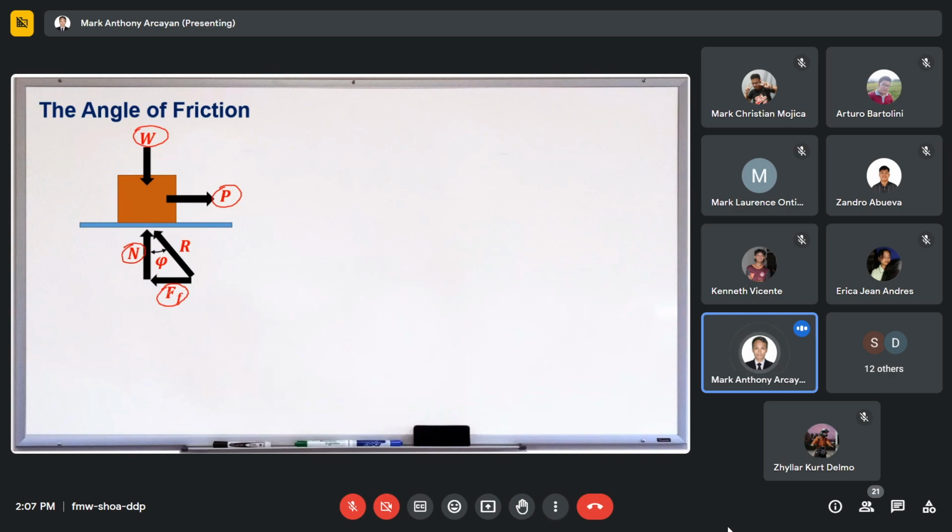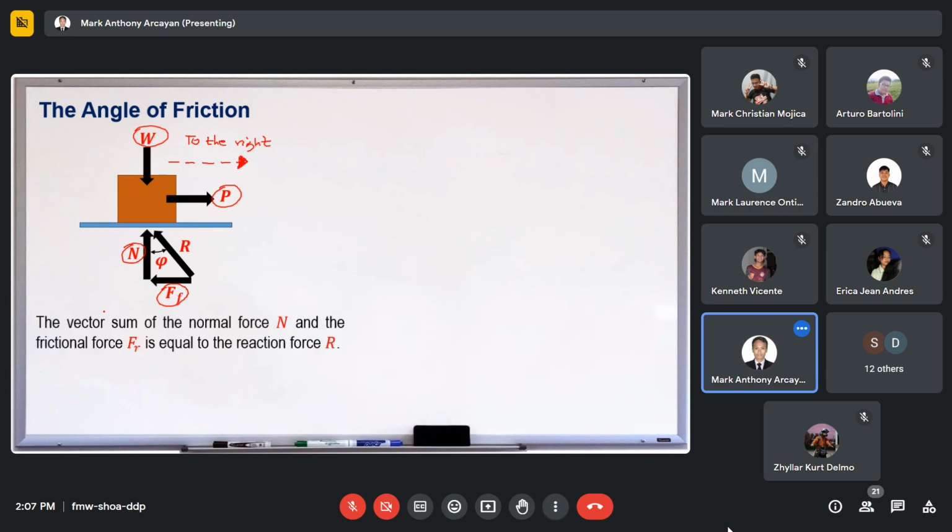The direction of the frictional force is always opposite to your applied force, because your applied force serves as your guide for where the object will move. So it has the tendency to move to the right, that is its probable direction of motion. Okay. Now, if we add the two vector forces, the normal force and the frictional force, they are at right angles.